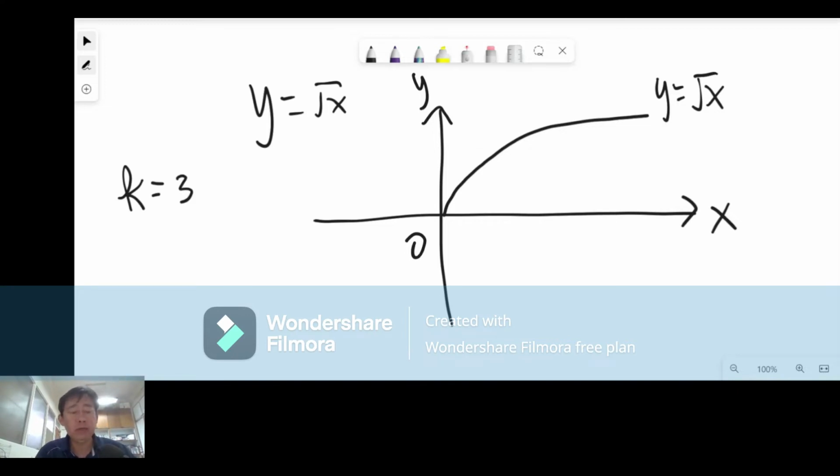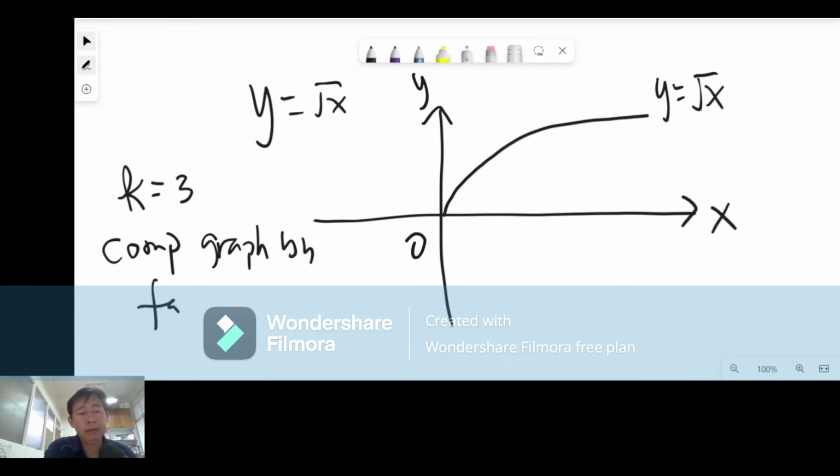So what do you mean by compressing by a factor? Let me write down: compress the graph by a factor of k equals 3 vertically.